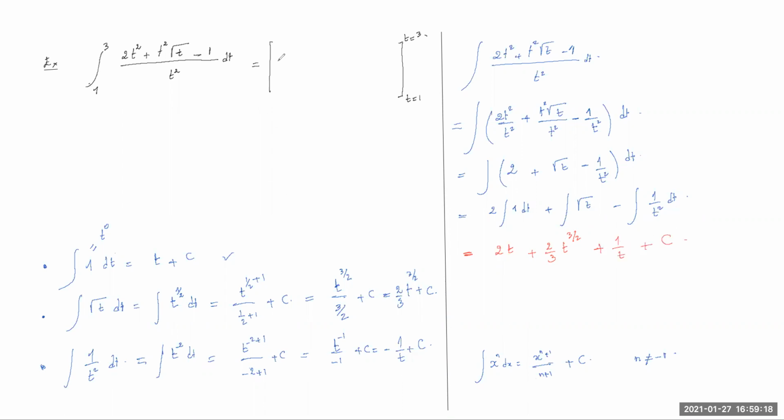Then you write your antiderivative, one of them: 2t + 2/3 t^(3/2) + 1/t. And then you substitute: 2 times 3 plus 2/3 times 3^(3/2) plus 1/3, minus 2 times 2 plus 2/3 times 2^(3/2) plus 1/2.